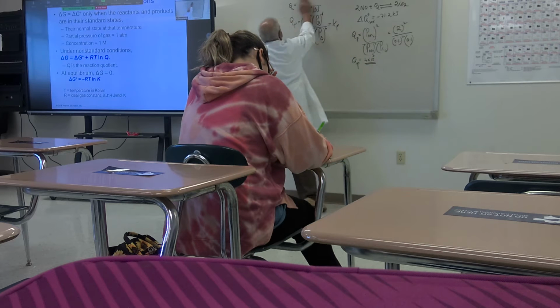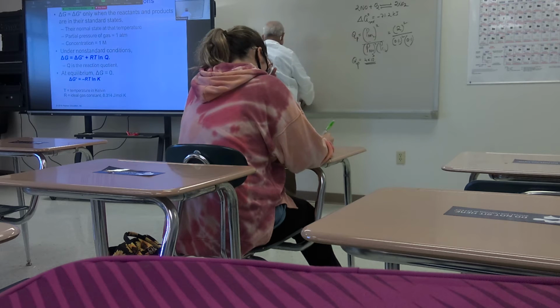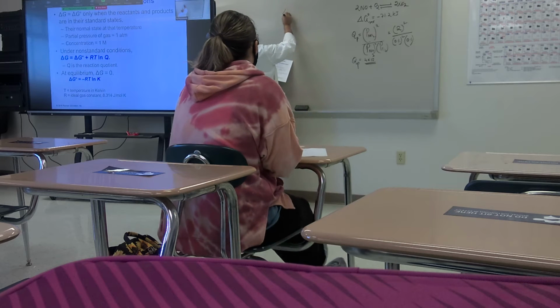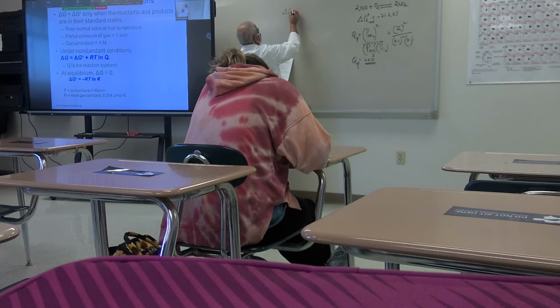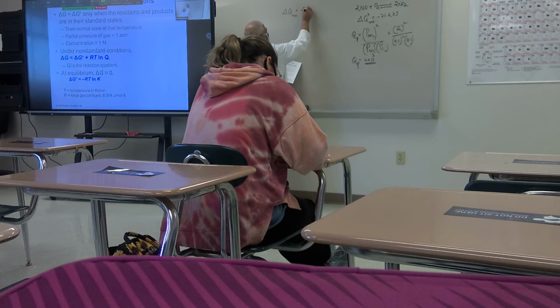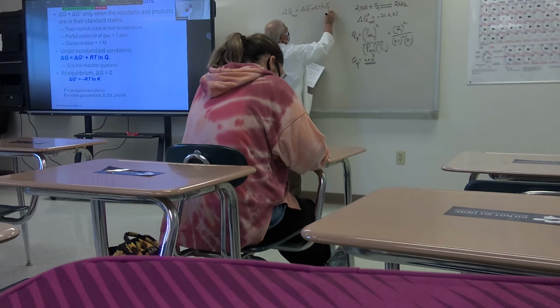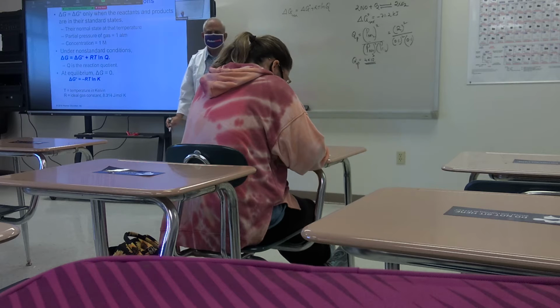So in the given problem, this is the equation you are going to write. The delta G of a reaction is equal to delta G0, the standard state, plus RT ln Q. That's the formula you are going to use.